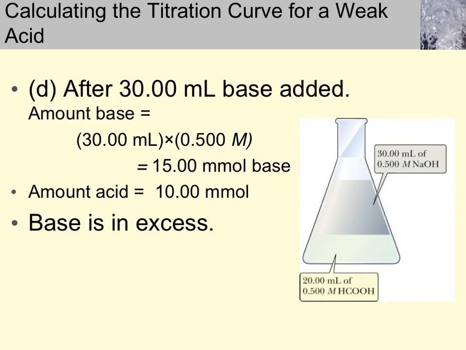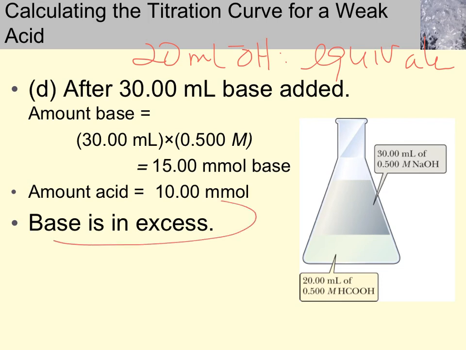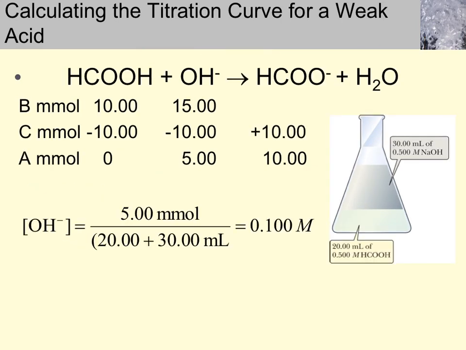Okay, now, when we've added excess base, so we know that it took 20 milliliters of hydroxide to reach the equivalence point. So anything over 20 milliliters is going to be excess. Here's a mole table to figure out the excess.